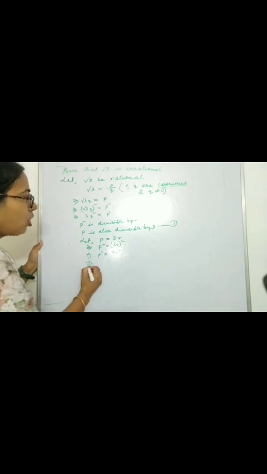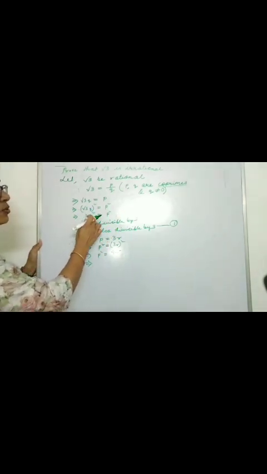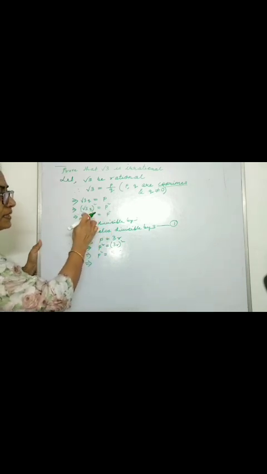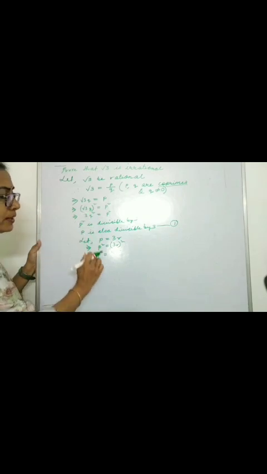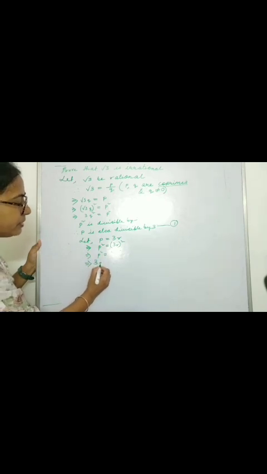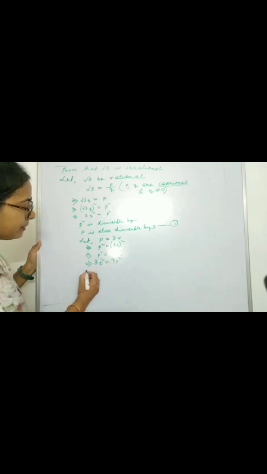Now, if we observe, here we are getting p square is equal to 3q square. Then this value of p square from here, we are going to substitute here. So in place of p square, we will write 3q square, which is equal to 9r square. Now q square will be equal to 9 by 3, which is 3r square.